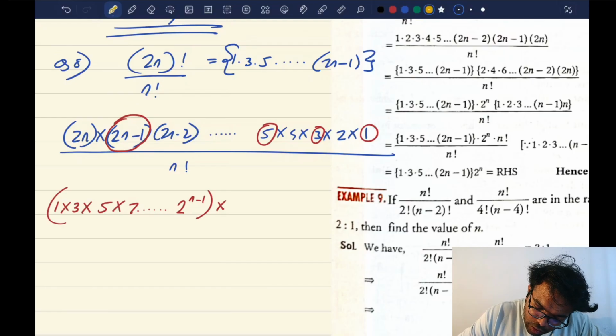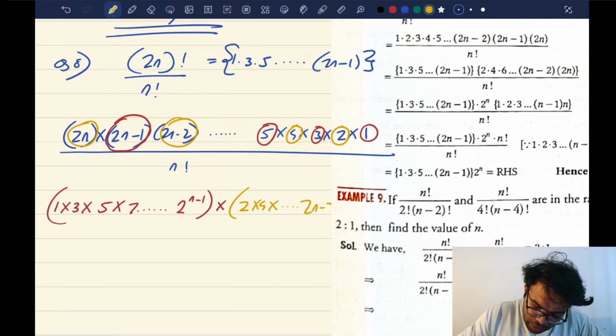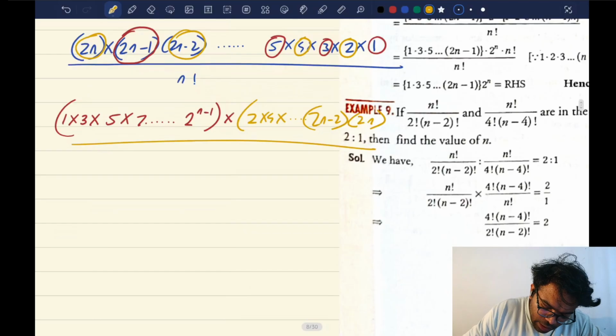You have 2 4 dot dot dot 2n minus 2 and 2n upon n factorial.